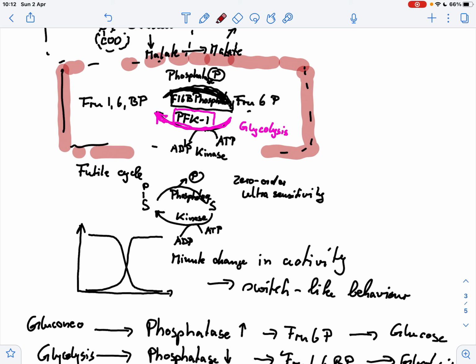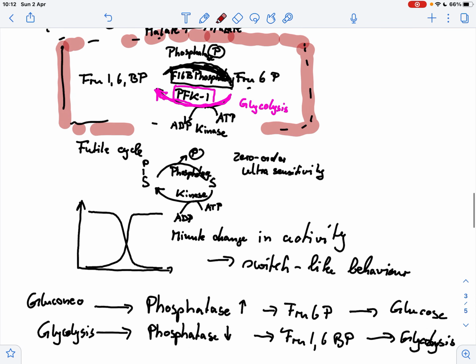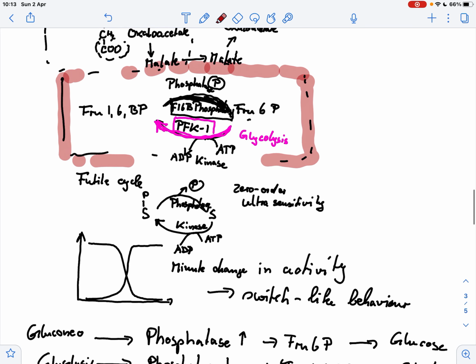At the same time, we've got both enzymes here, but due to this, just minute changes can cause a huge effect. The cell can make a decision whether it goes down the glycolysis pathway or whether it goes down the pathway of gluconeogenesis.